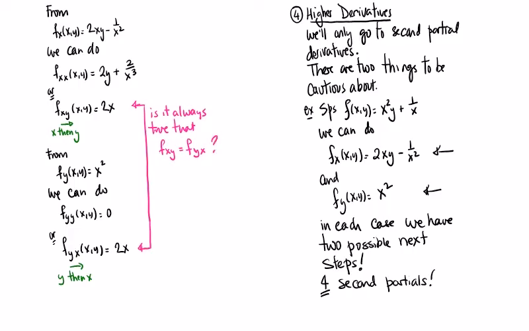The answer, you cross your fingers and you hope it's yes. The answer is almost always. You can almost always take it for granted. I think, for example, in the course textbook, there's one example of one problem in an obscure place where it's not true at a certain point. So you really have to go out of your way. So basically the answer is pretty much yes, for all intents and purposes.